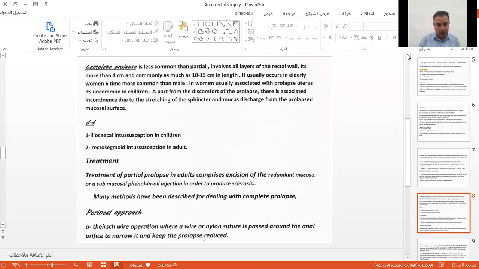Thiersch wire operation for the perineal approach is where a wire or nylon suture is passed around the anal orifice to narrow it and keep the prolapse reduced.